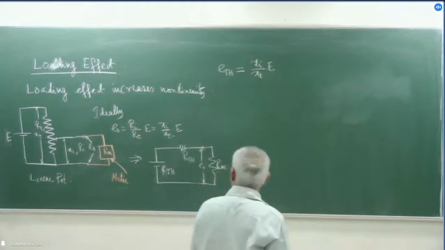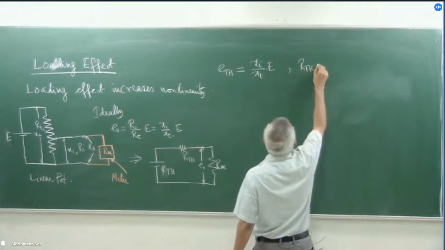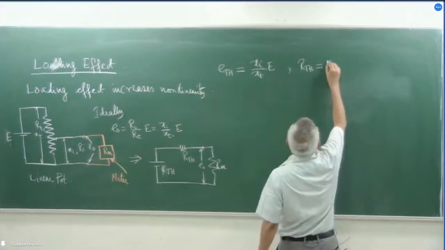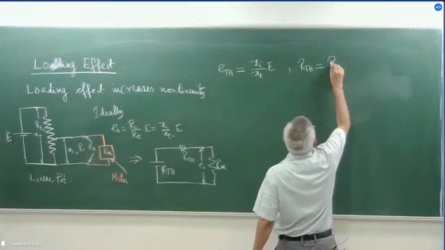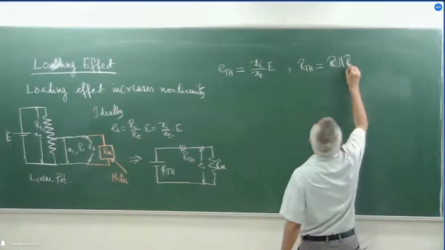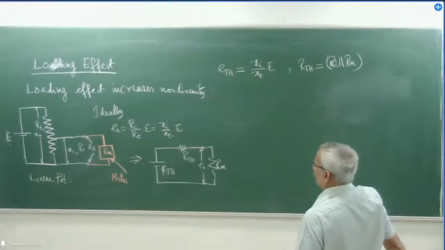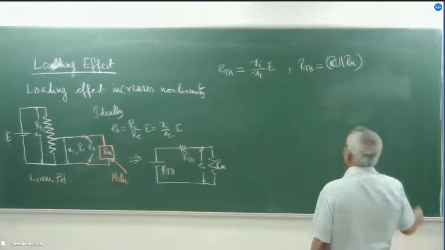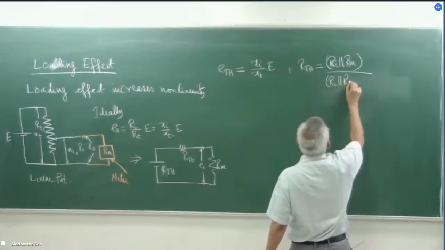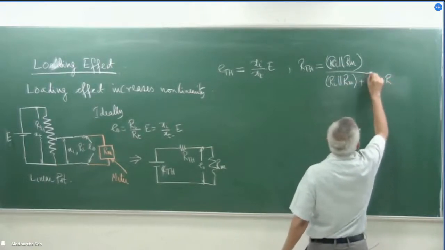So what is the value of RTH? It is basically Ri parallel with Rm, divided by Ri parallel with Rm plus RT minus Ri.